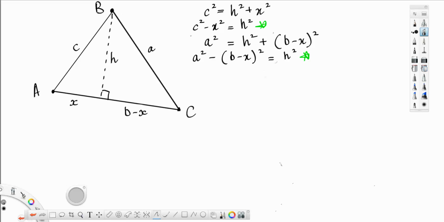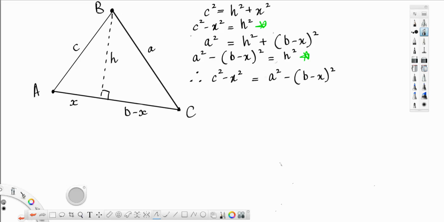So if h squared is equal to both of them, then those two expressions must be the same. They're different ways of expressing the same thing. And so what we can write then is that therefore c squared minus x squared is equal to a squared minus (b minus x) squared. And that's what we're going to use next.